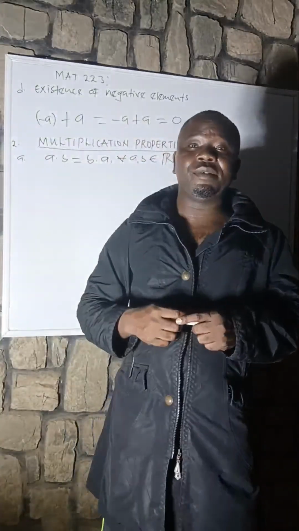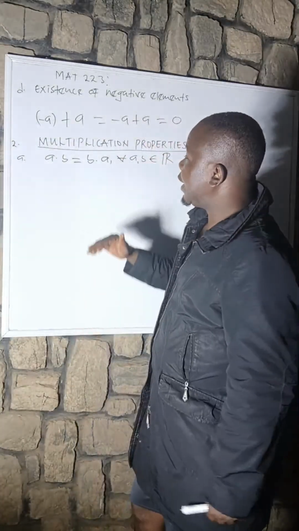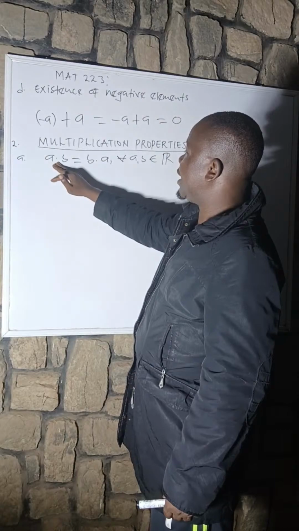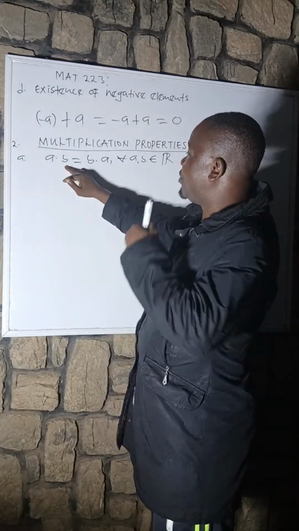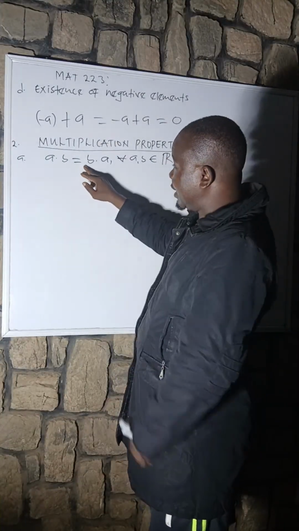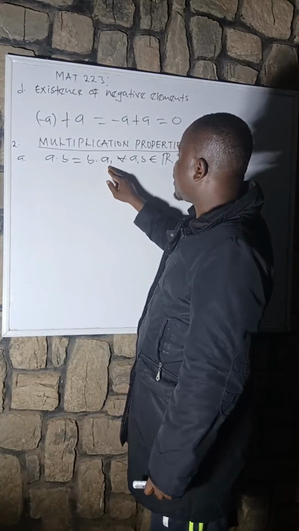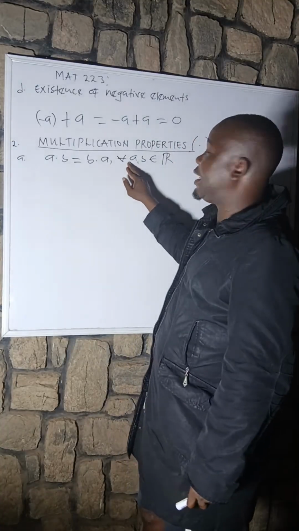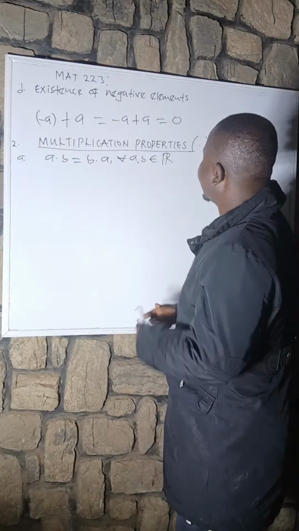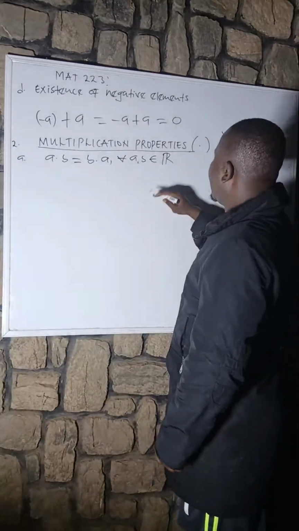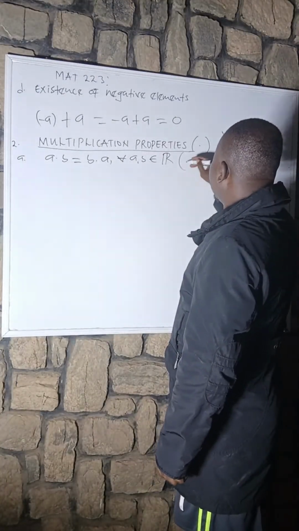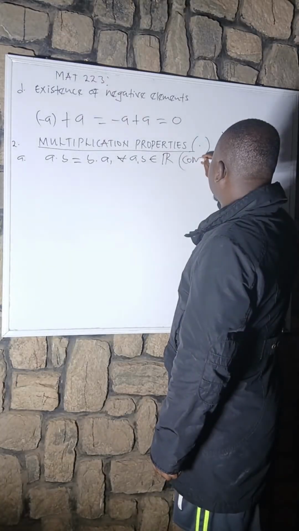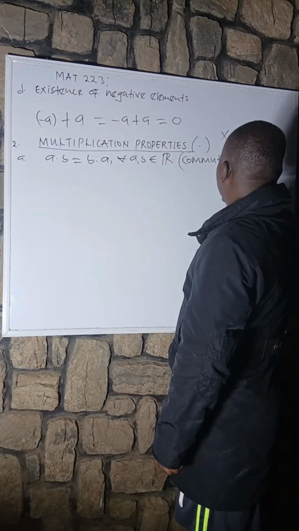Is that clear? So if we have A multiply B, it implies that this is the same thing as B multiply A for all A, B contained in the real numbers. That is the commutative law.